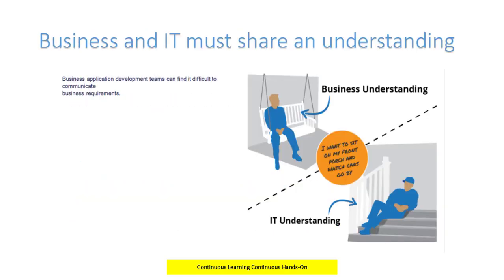Okay, this is a small depiction of how the business and IT, meaning the developers, the IT department or the service-based company, have their understandings. In this picture you can see the business understanding.